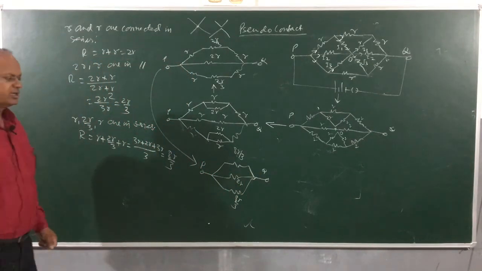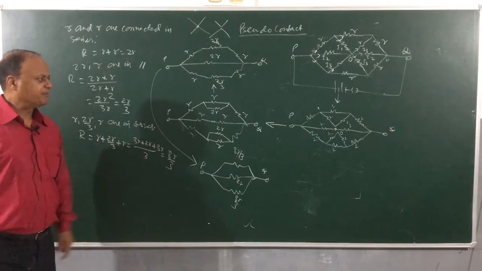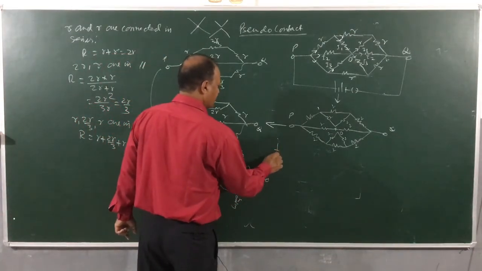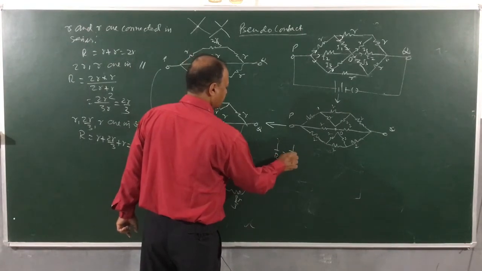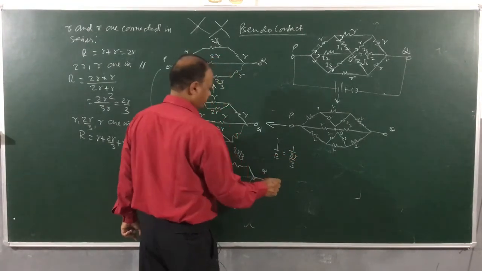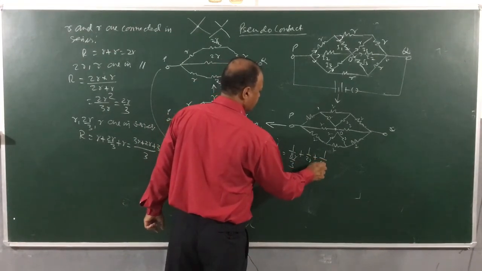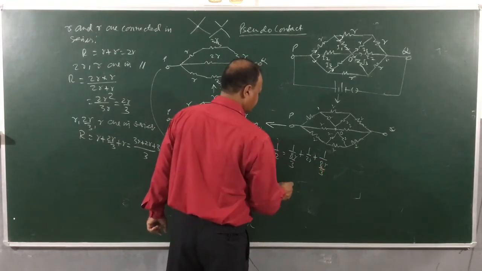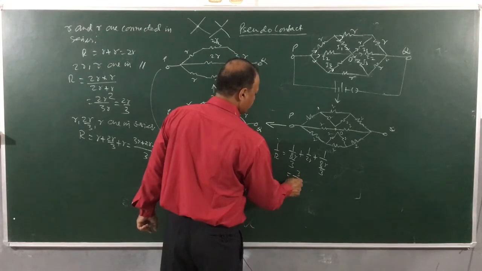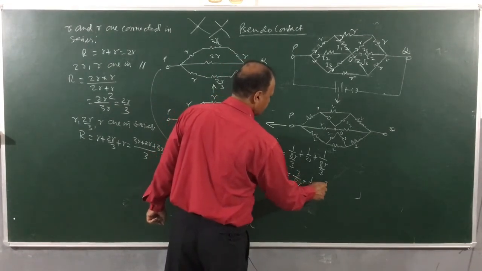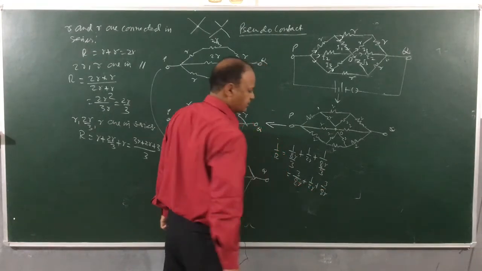So how have we connected these three? They are connected now in what? Parallel. So the final answer is 1 by R is 1 by 8R by 3 plus 1 by 2R plus 1 by 8R by 3. So it becomes 3 by 8R, 1 by 2R, 3 by 8R.